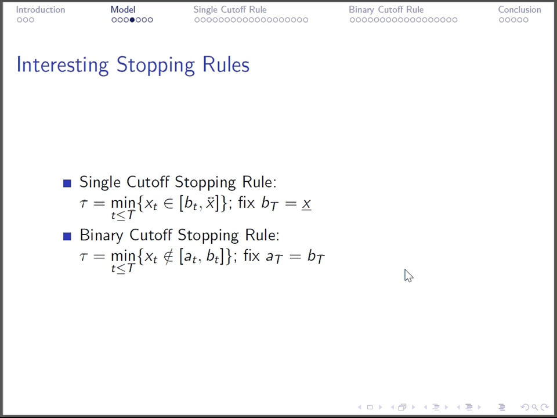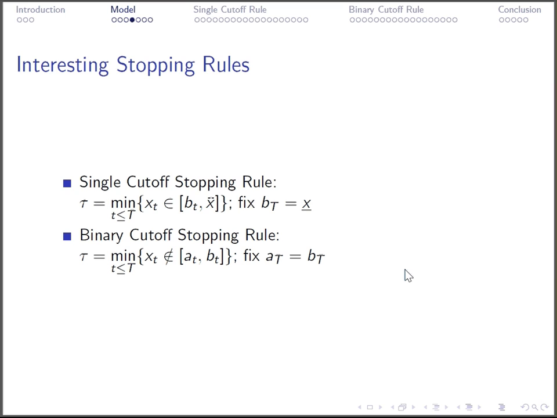Now I will give two of the interesting stopping rules first. One of them is the single cutoff stopping rule, which here is the minimum t when x is above some threshold. So the b_t are changing over t, and it's basically some kind of threshold.